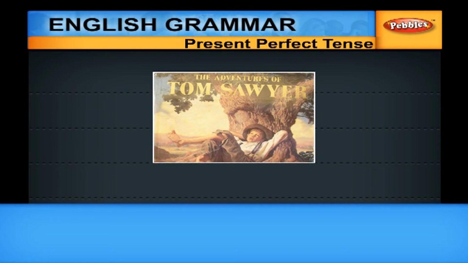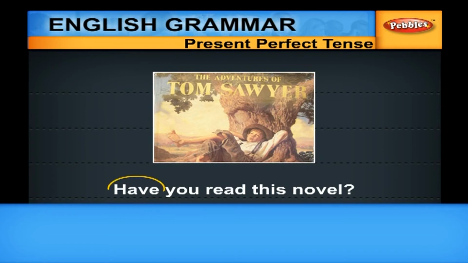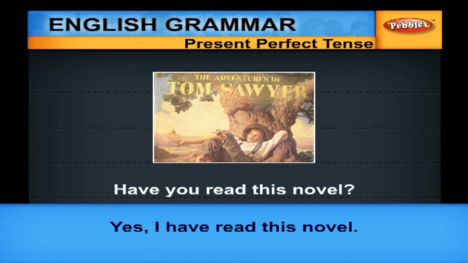While you're using present perfect, you should not mention the time. Have you read this novel? Present perfect tense because you have the helping verb have and the past participle of read is read. Yes, I have read this novel. Present perfect again.